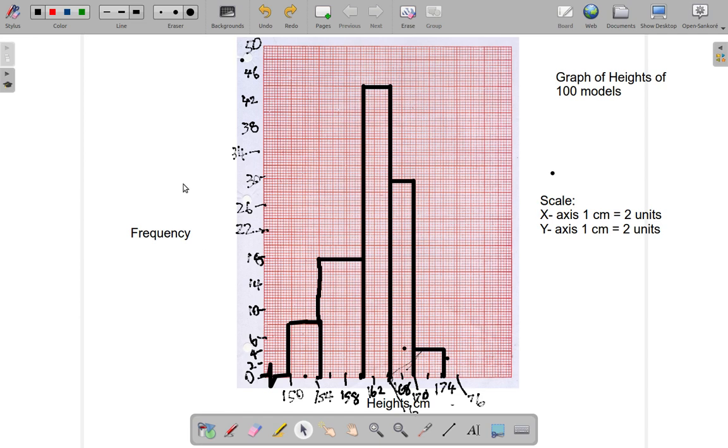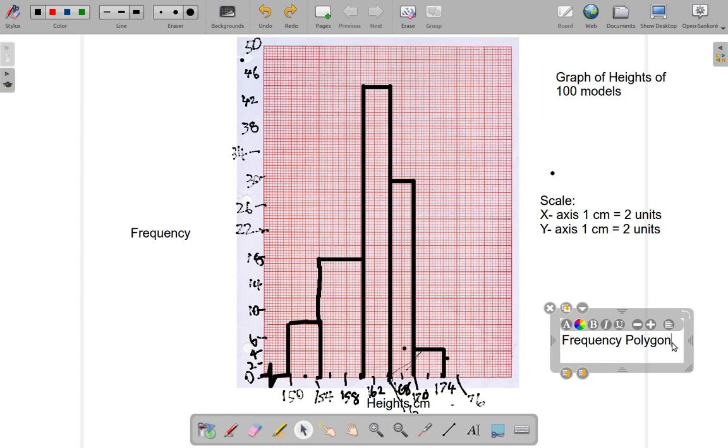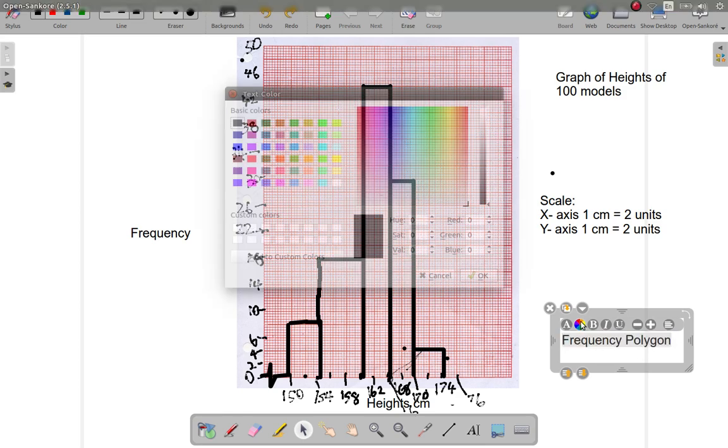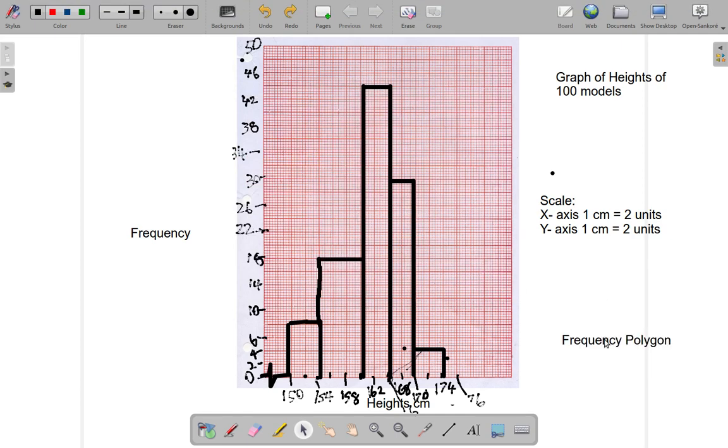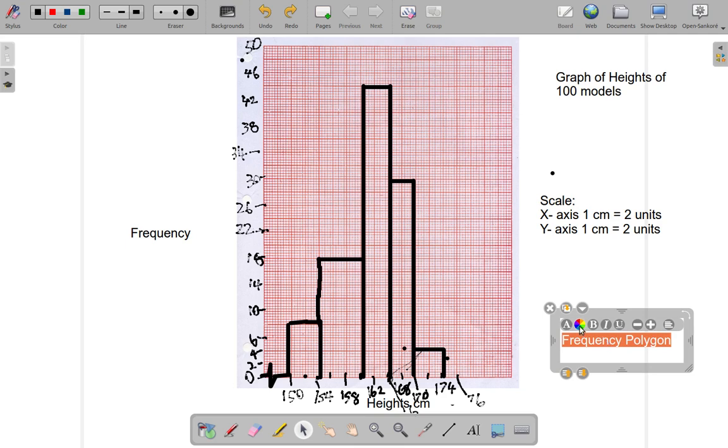Alright, let us draw what is called our frequency polygon. Frequency polygon, P-O-L-Y-G-O-N. I want this to be that color. It's not in that color.